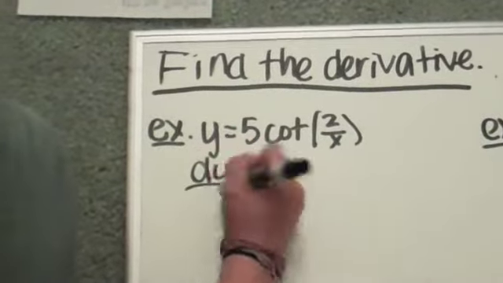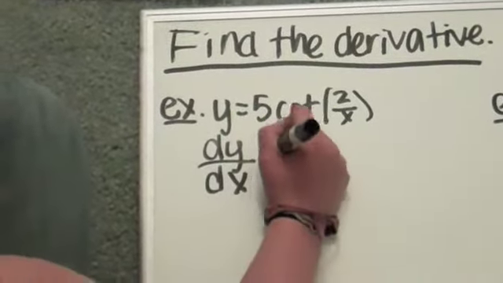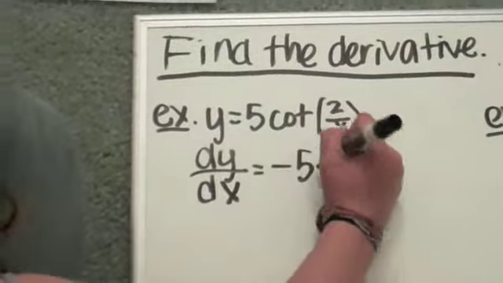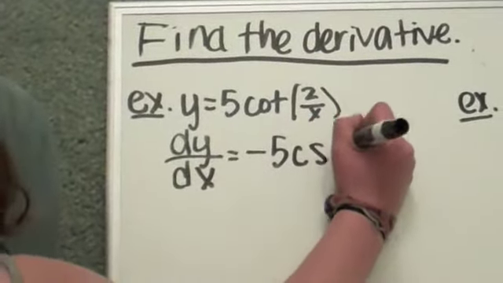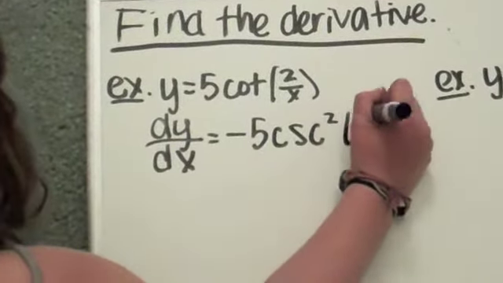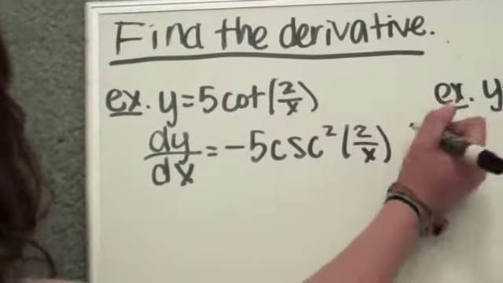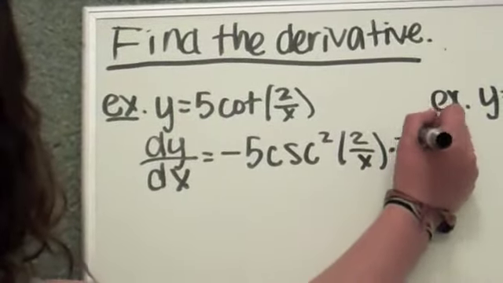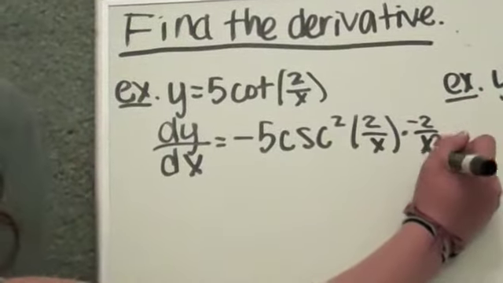Alright, so using the equation given earlier, we know that this can be negative 5 cosecant squared quantity 2 over x. And with chain rule, you have to multiply it by negative 2 over x squared.